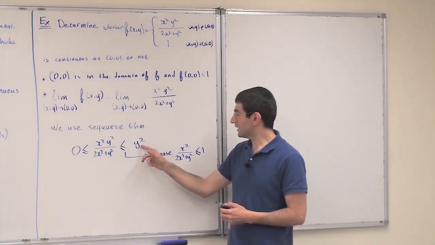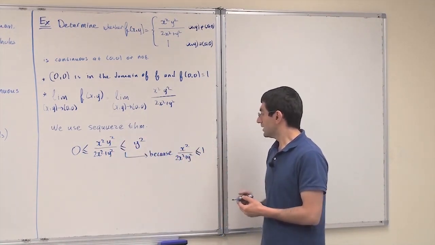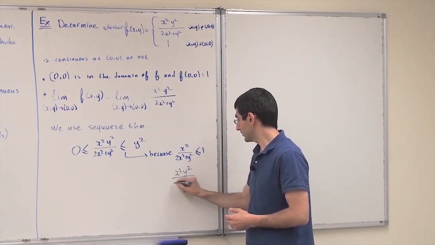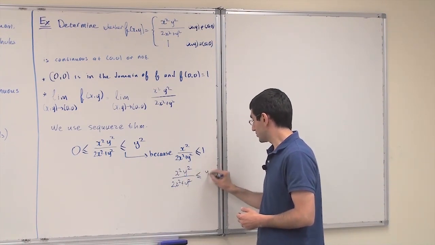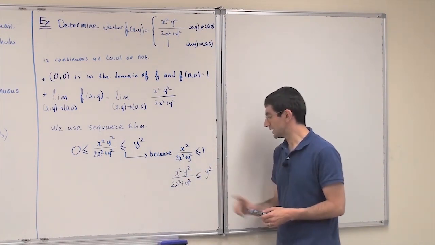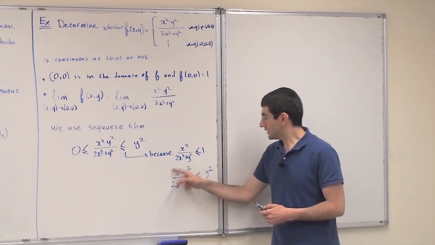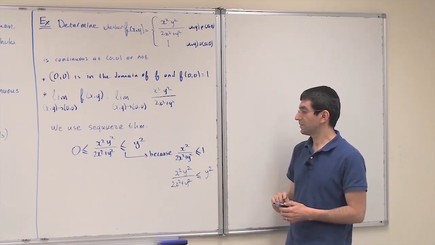Therefore, whenever I multiply both sides by y squared, which is always positive, the direction of the inequality doesn't change, and I have the function less than or equal to y squared.